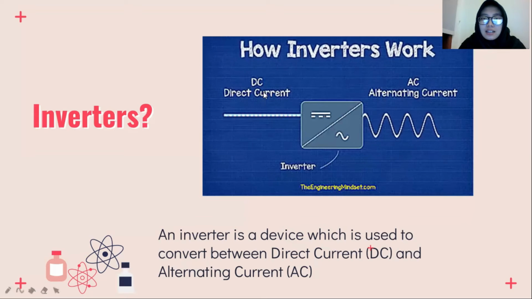You can see in this picture, the direct current goes into the inverter to become alternating current.